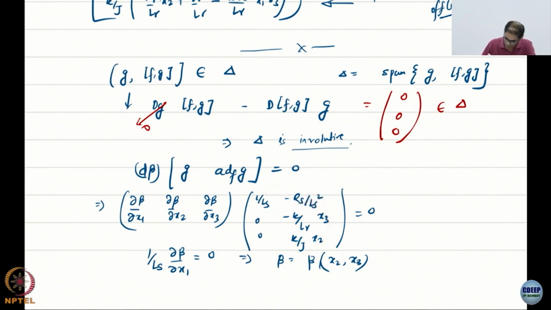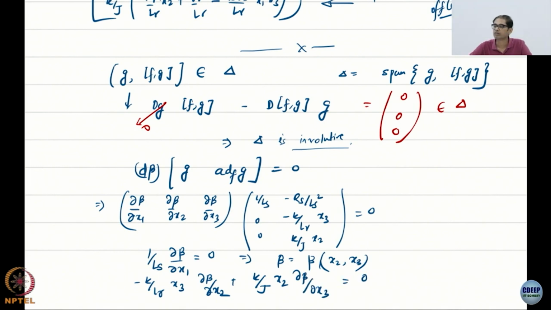So I am going to simply write: minus K LR x3 del beta del x2 plus K J x2 del beta del x3 equal to 0. The K goes away, so I have some condition.